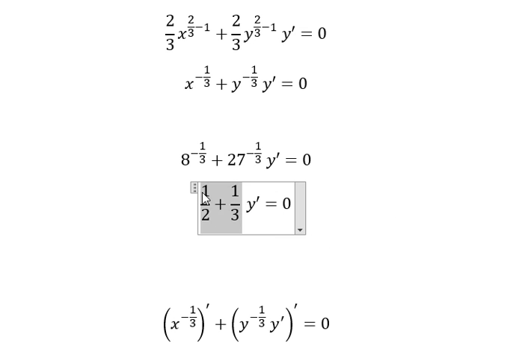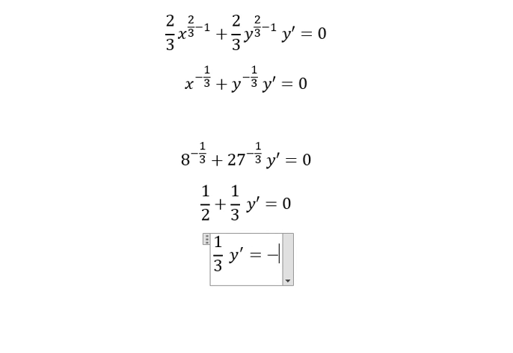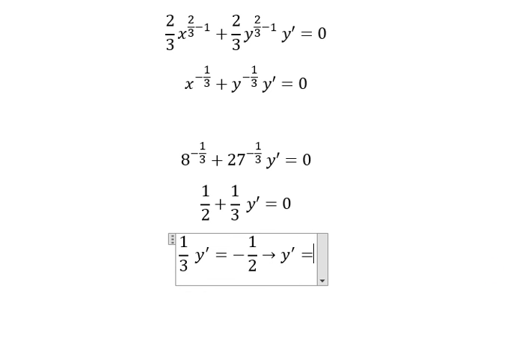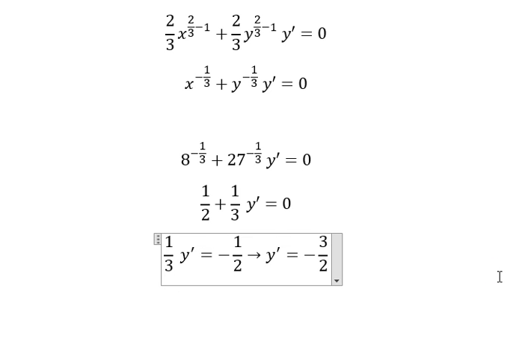Now I will put 1 over 2 to the right, and you get negative 1 over 2. Later we put number 3 to the right, and we get negative 3 over 2.